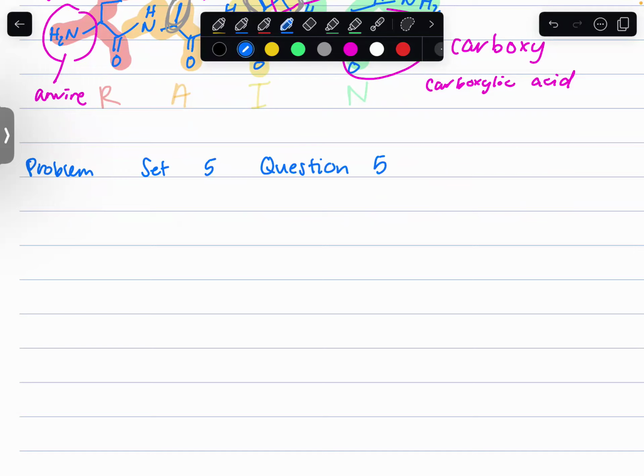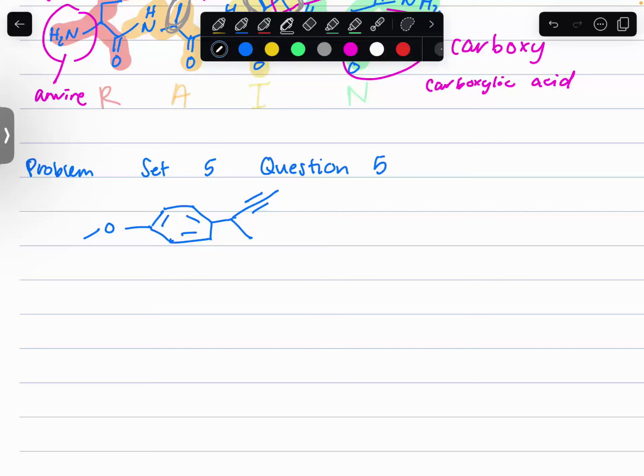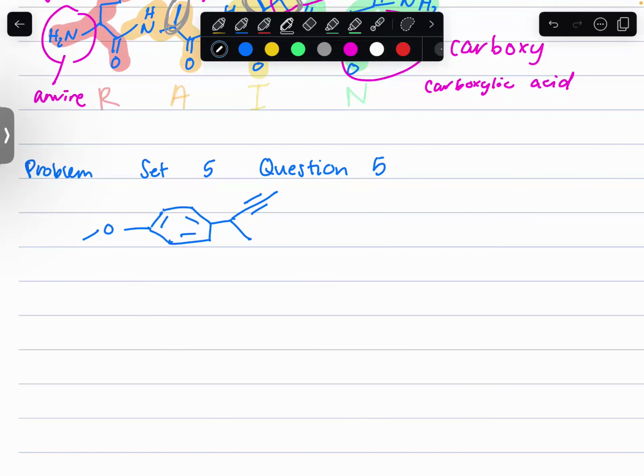So I want to know what I'm looking for when I finally do look at the spectrum. The structure that we're given is this.